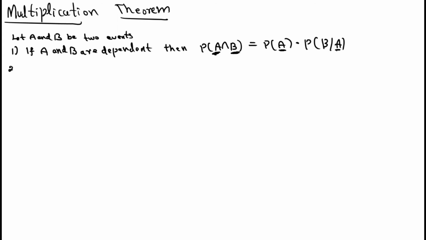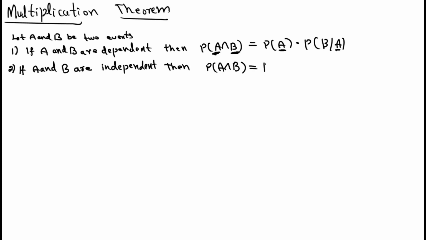Now take the second case. If A and B are independent events, then probability of A intersection B is equal to probability of A into probability of B. Okay, it's a very simple condition. What's the reason?